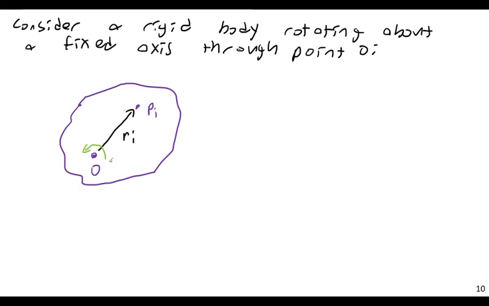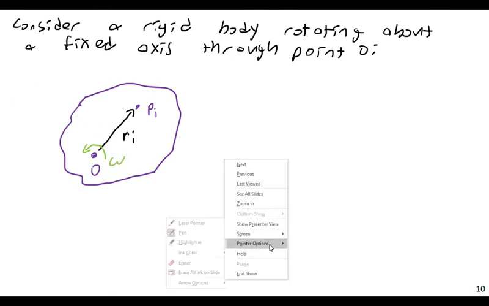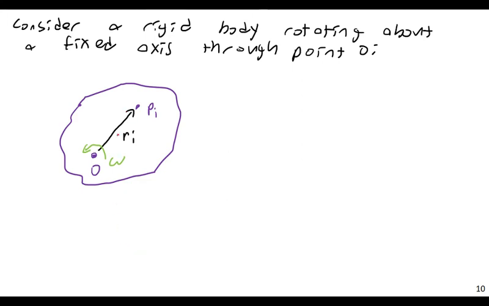Omega, not omega i, just omega. The omega will be constant for the entire body. But then I have velocity vi, and this will be equal to Ri times omega.